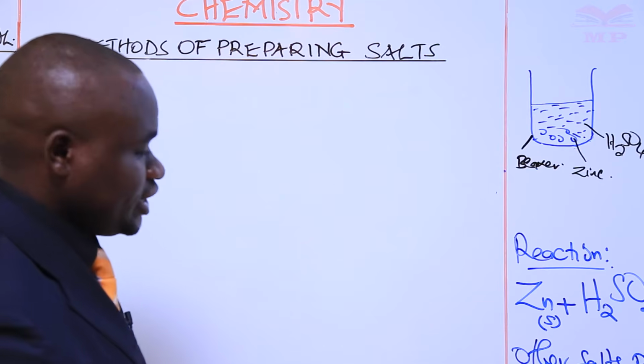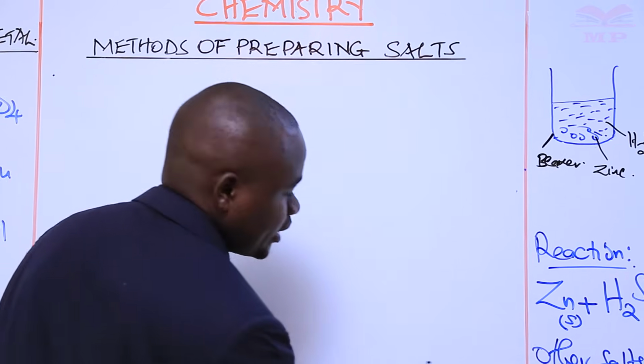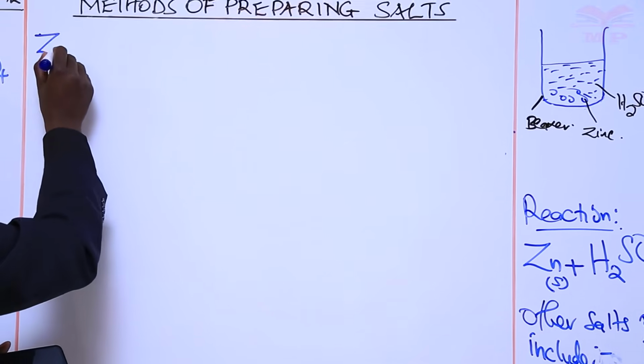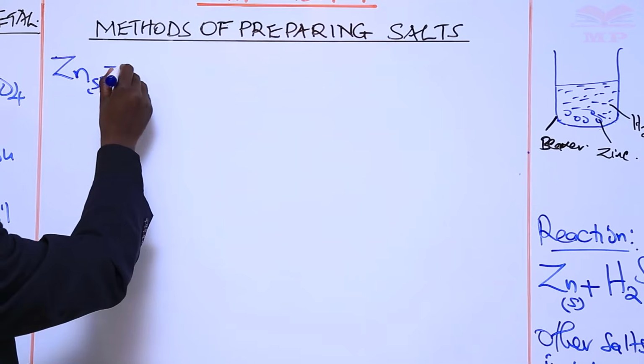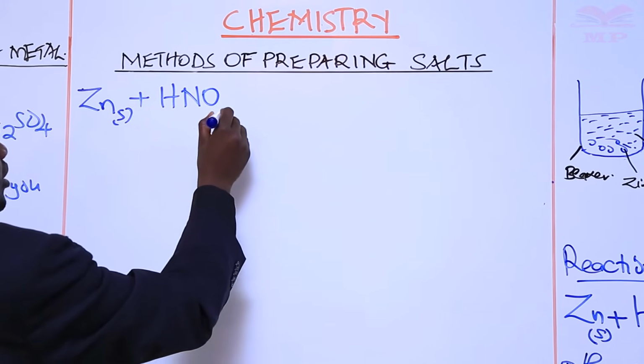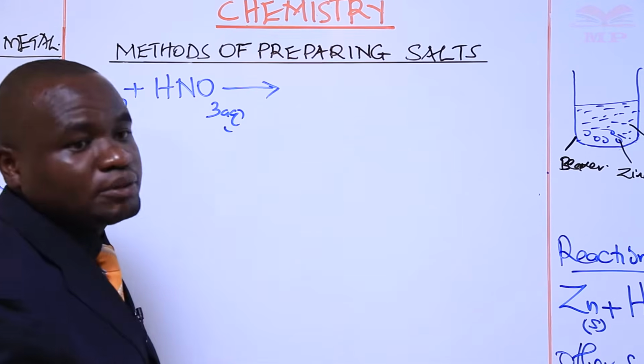So let us see in terms of equations, how do you prepare zinc nitrate? Zinc nitrate is prepared by reaction between zinc and nitric acid. The procedure is the same.